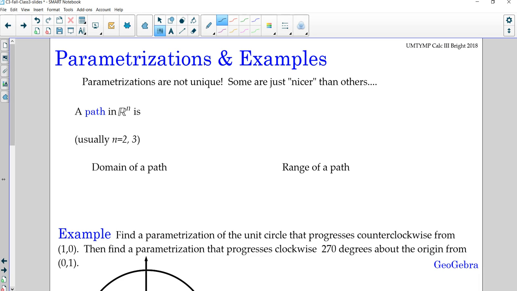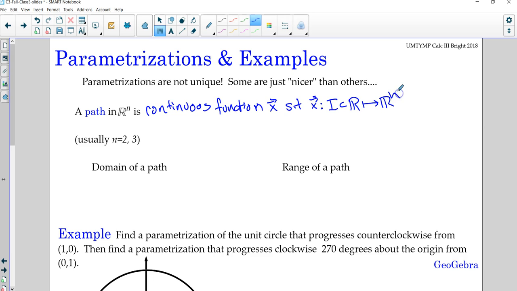Okay, and that idea of a path, it really is just a continuous function, a continuous function x vector x, such that we have vector x as a function where we go from some interval I, that is a subset of the real numbers, to Rn.